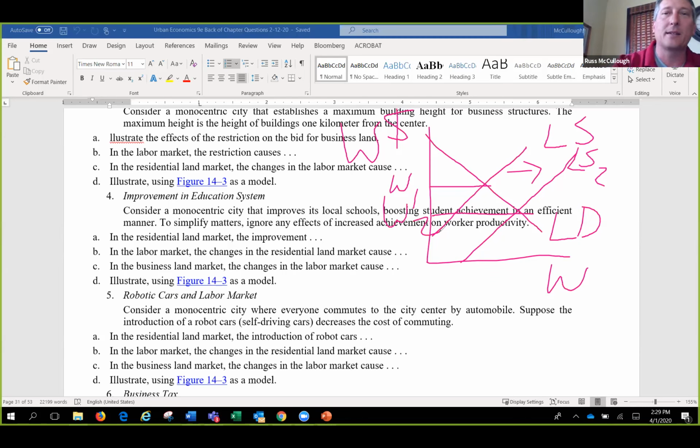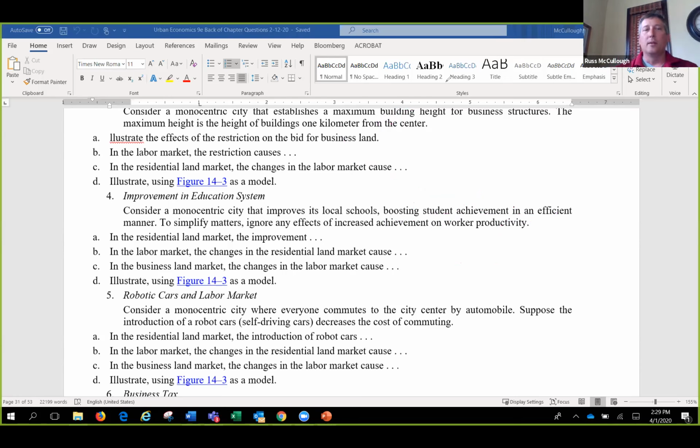And now we go back to the business market, part C. In the business land market, if wages are cheaper, what happens? What happens in the business land market? Back to our bid rent curve. So now we're thinking about this graph, where we've got a business bid rent and a residential bid rent.